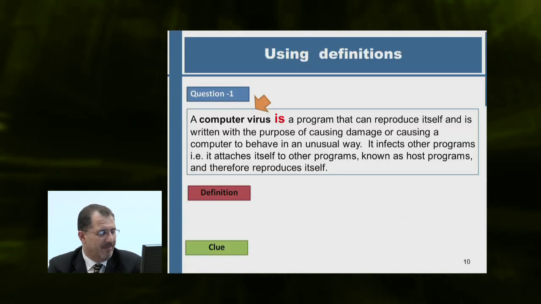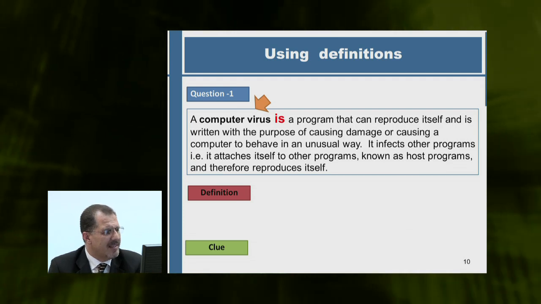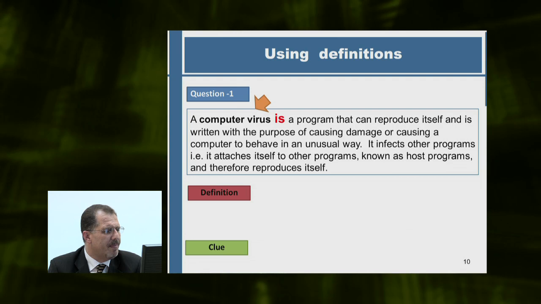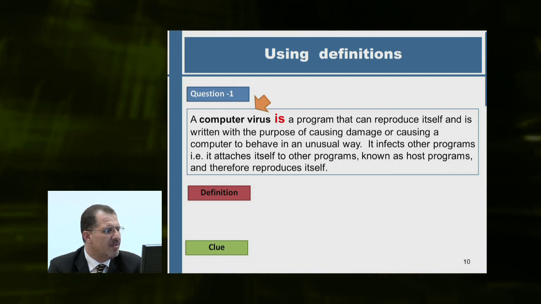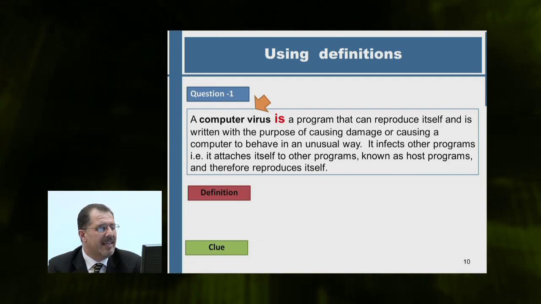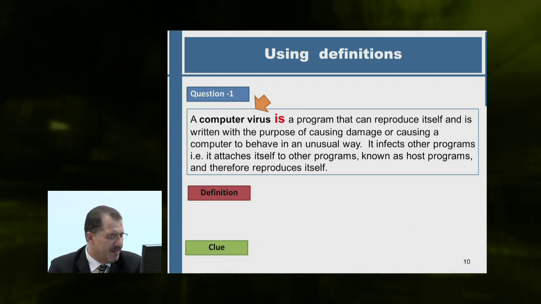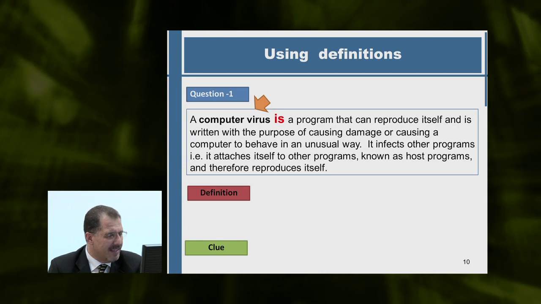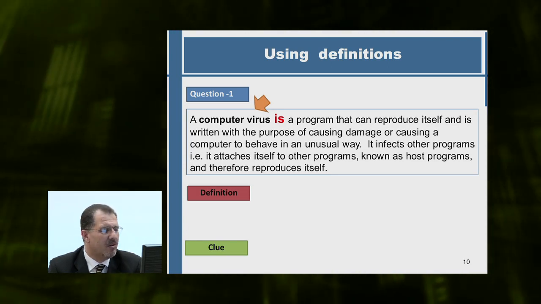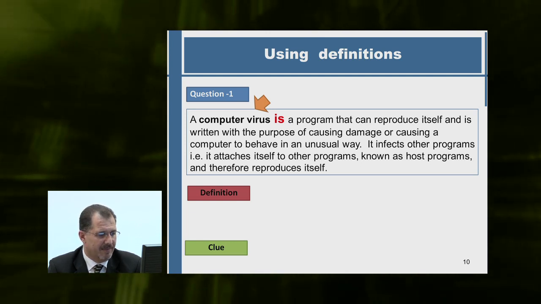Question number 1. A computer virus is a program that can reproduce itself and is written with the purpose of causing damage or causing a computer to behave in an unusual way. It infects other programs. It attaches itself to other programs known as host programs and therefore reproduces itself.